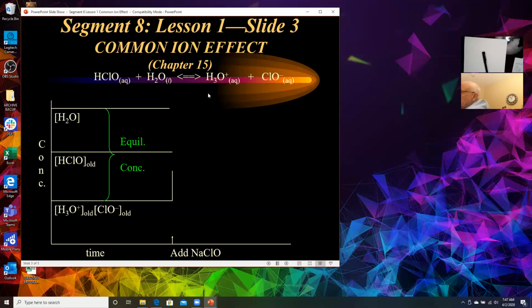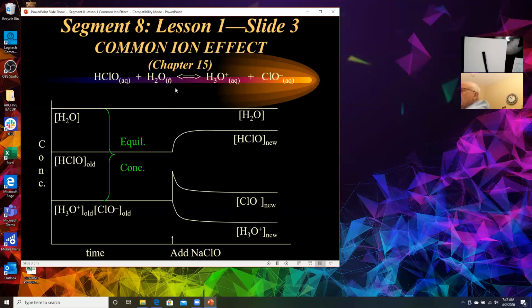The equilibrium is going to shift to the left, which means this concentration and this one are both going to go down, and the hypochlorous acid concentration is going to go up. Now, a point to note is that the final new equilibrium concentration of hypochlorous acid is going to be higher than we started out with, but certainly not as high as what we put in.